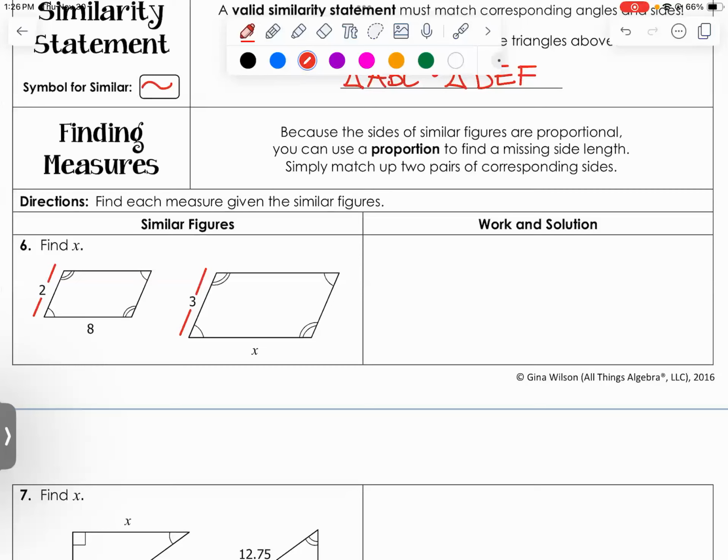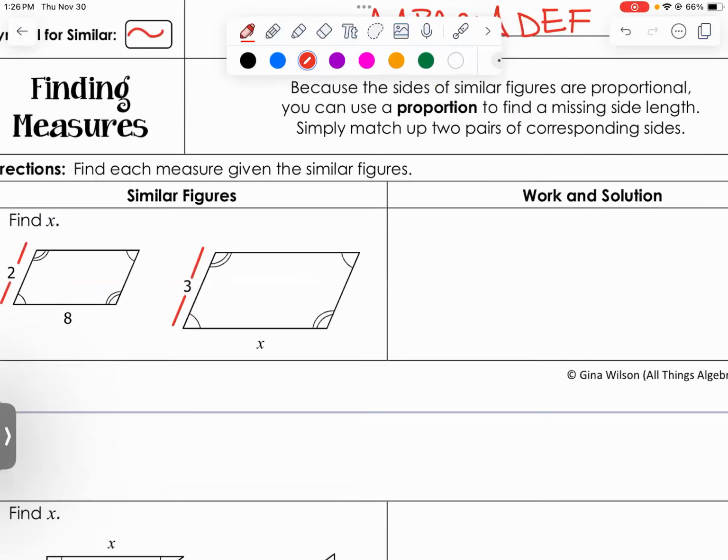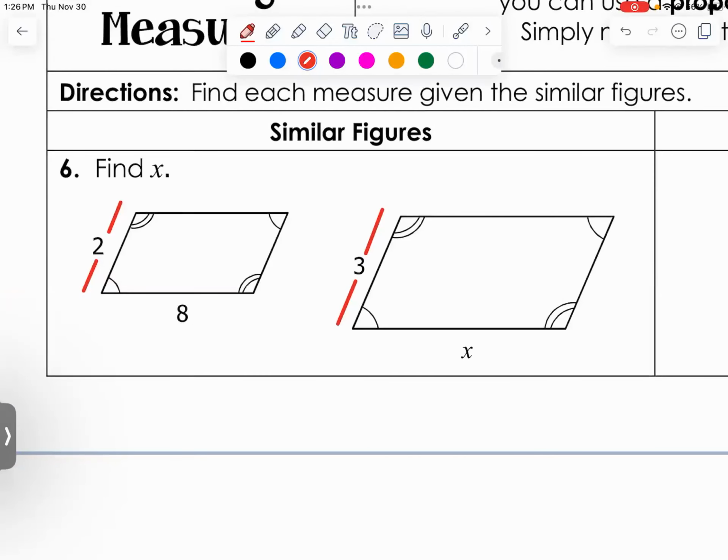In our parallelogram, 2 and 3 are the shorter sides. I'm trying to help you see that these 2 correspond and these 2 correspond.